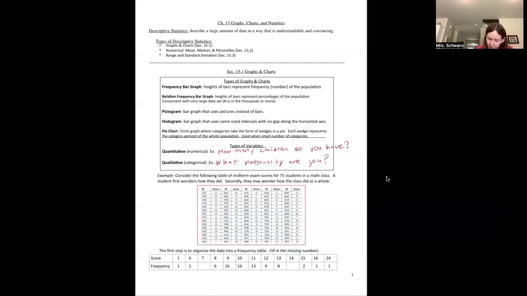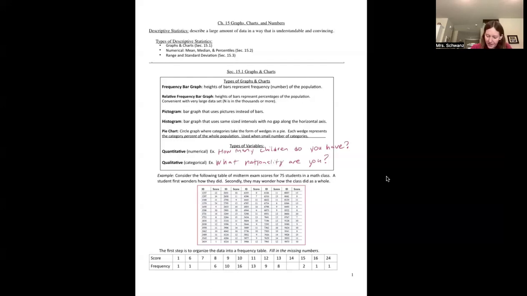A student first wonders how they did. Secondly, they may wonder how the class did as a whole. And that's why we do statistics like this, because for whatever reason, we always want to ask ourselves, well, how did we do on this test? But then the second question is, yeah, but how did I do compared to the other kids?